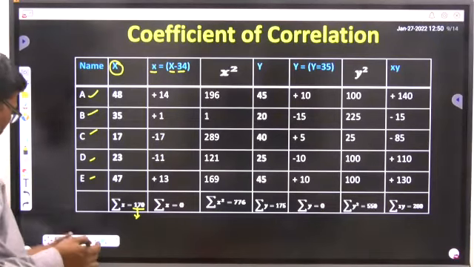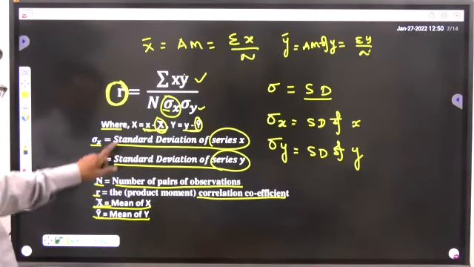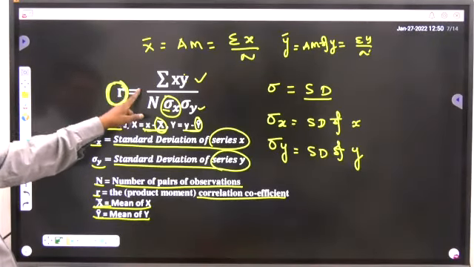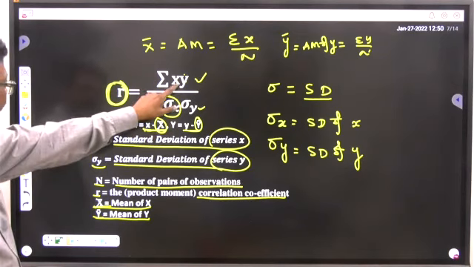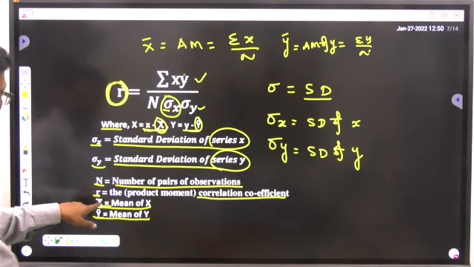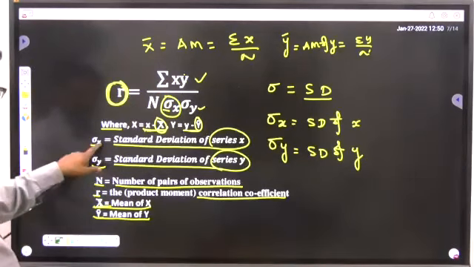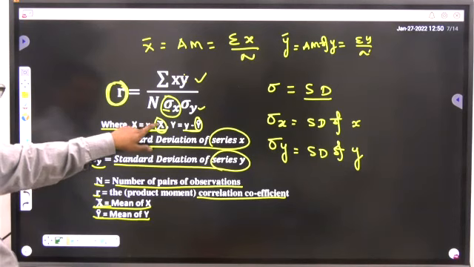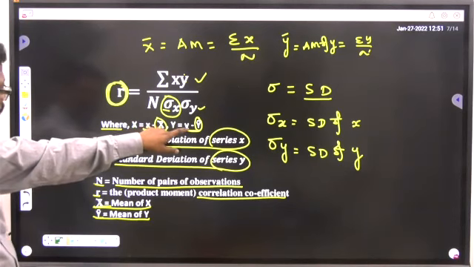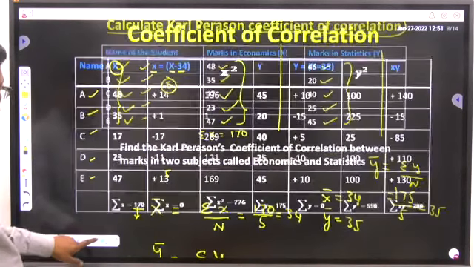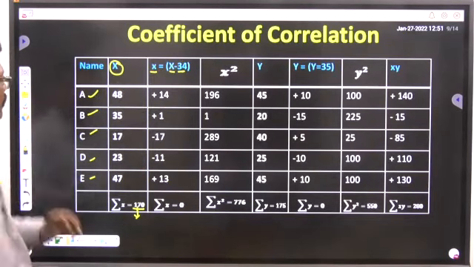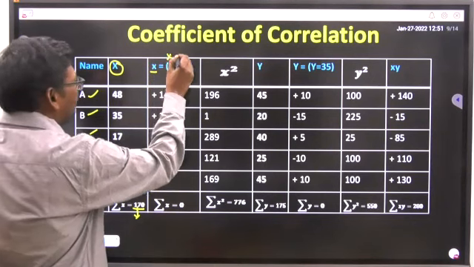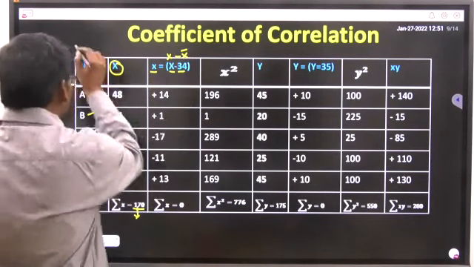In the previous formula, the coefficient of correlation is sigma xy divided by n into sigma x sigma y. Here, x is equal to X minus X bar, and y is equal to Y minus Y bar.